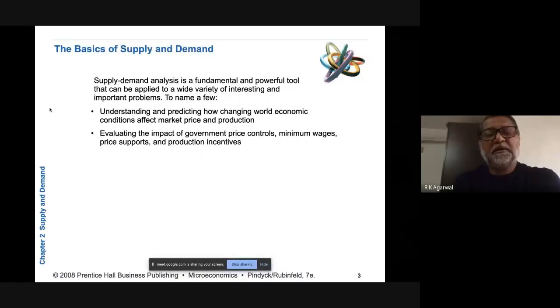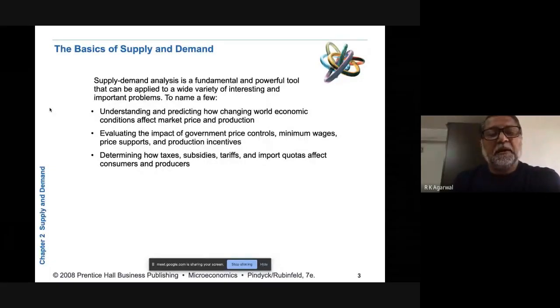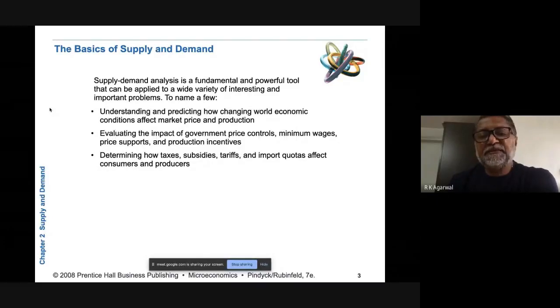The second thing that we can achieve through the basics of supply and demand analysis is to evaluate the possible impact of government price controls, minimum wages, price supports like minimum support price, procurement price, and production incentives, for example, special economic zones. Then we can also figure out how taxes, subsidies, tariffs, and import quotas affect consumers and producers.